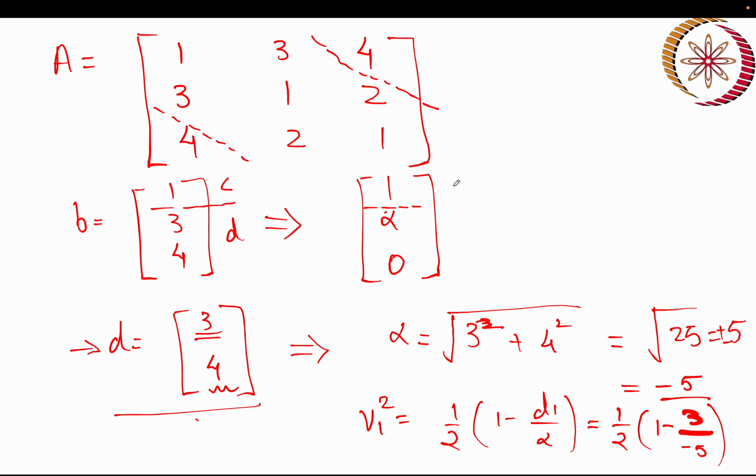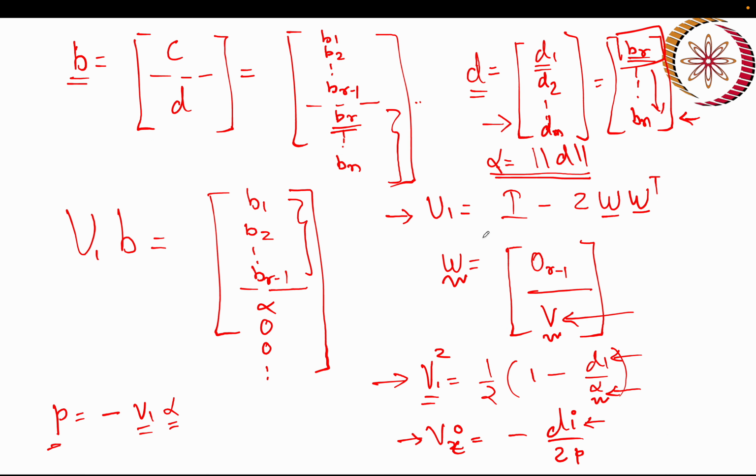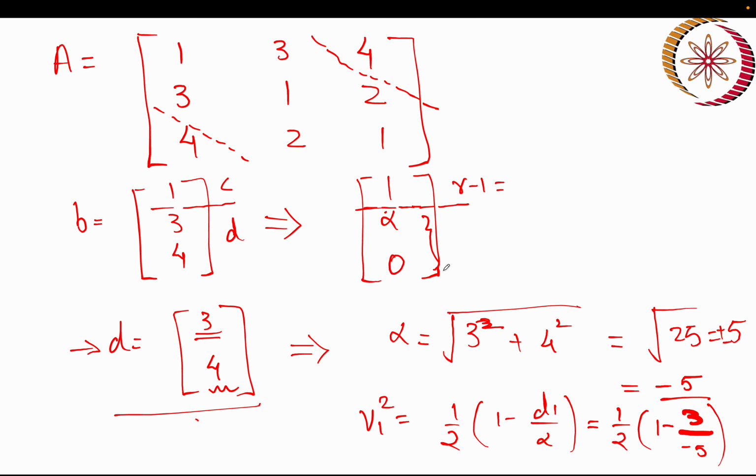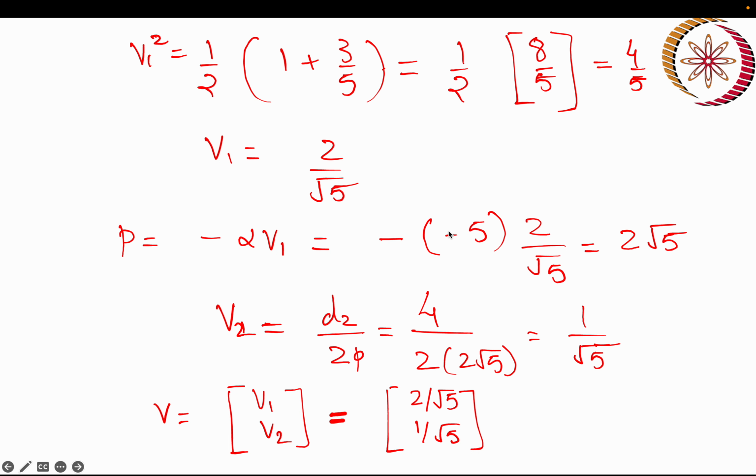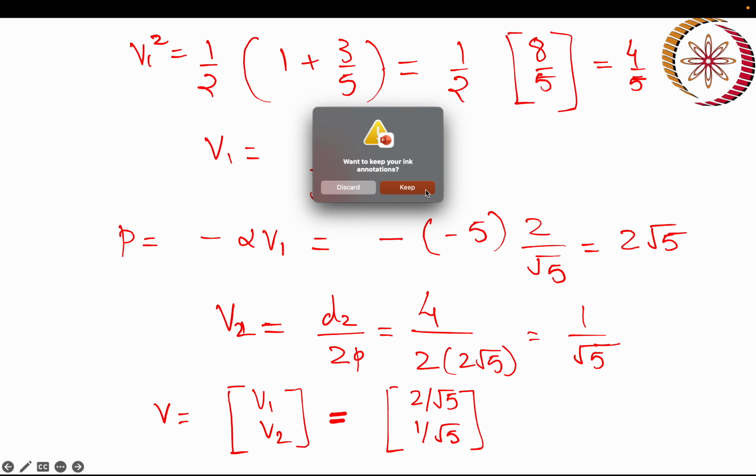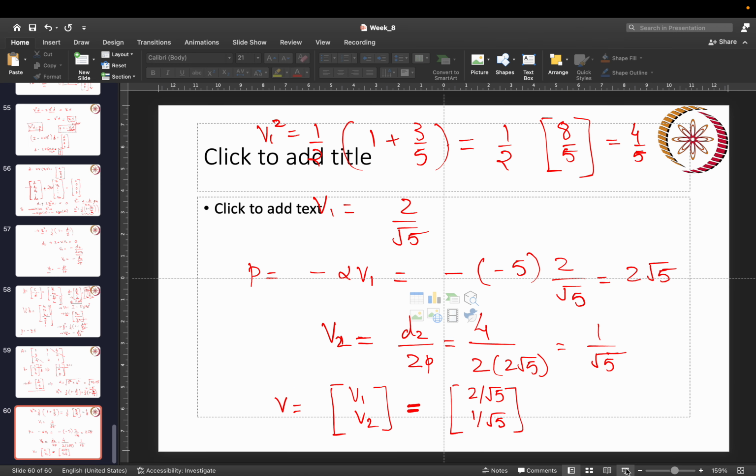You can see this r minus 1 is nothing but here till this. Whatever this part is, till that location we have to add 0, and the bottom part will be whatever the remaining dimensions correspond to the v. Okay, so this w we will write now. Actually it is like 2 minutes, I will complete this. It's almost done.